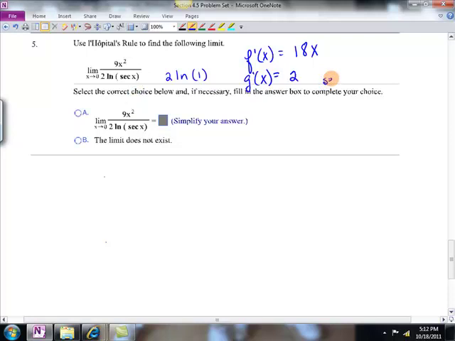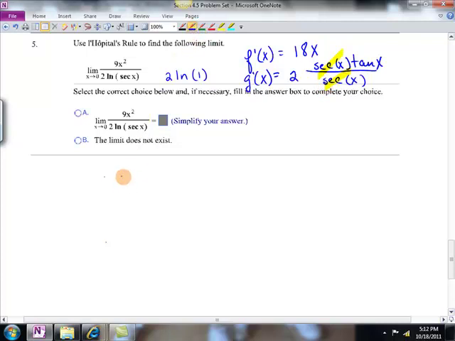So on the bottom, we've got secant x, which is the argument. On the top, we're going to take the derivative of secant, which is secant tan. Okay, so we've got that, and that goes away and that goes away.